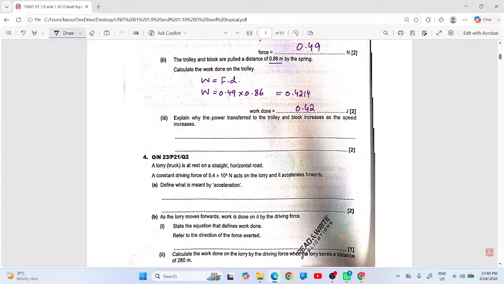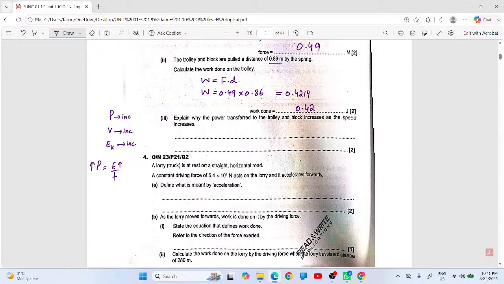As the speed increases, it means their kinetic energy increases, and we know that power equals energy over time. So if the energy increases, the power must increase.